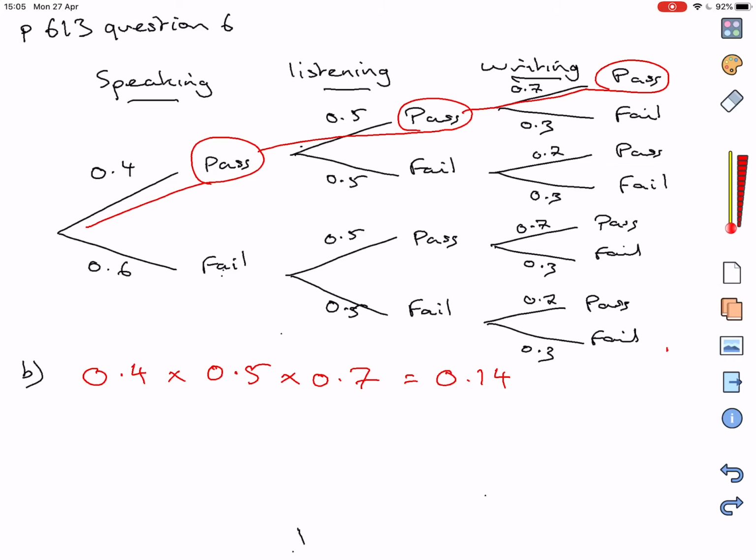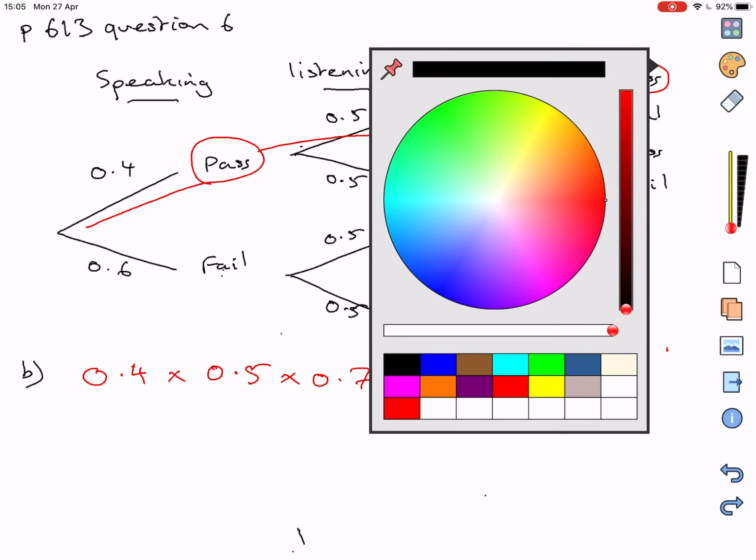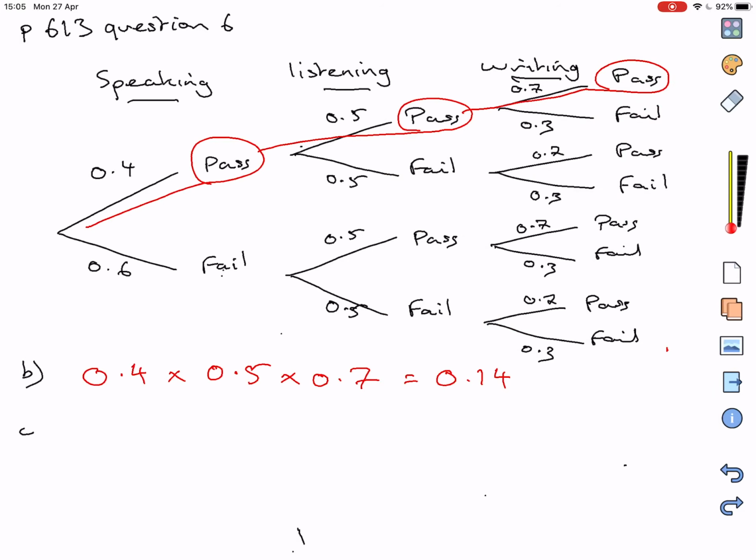Part C then says if he passes only 2 out of the 3, he can resit the other part. So we've got to work out which route would he only fail 1. So he could pass speaking, pass listening, but fail writing.